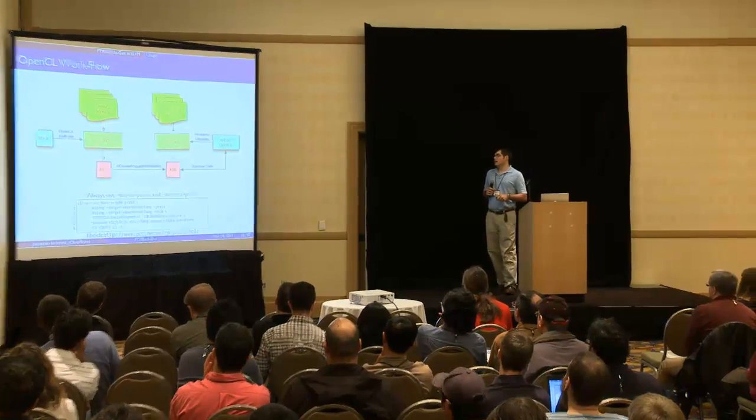For the OpenCL side, you can use Clang to compile into PTX. Now, in order to support OpenCL built-in functions, we use the libclc library, which is being developed by Peter Collingborn. I think I saw him here earlier. I'm not sure if he's still here. And that's available at this address here.